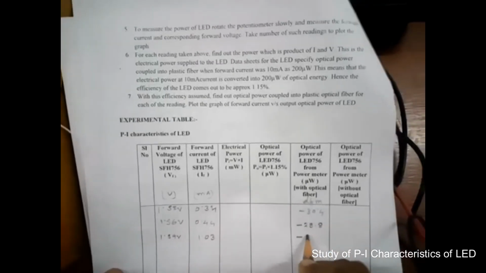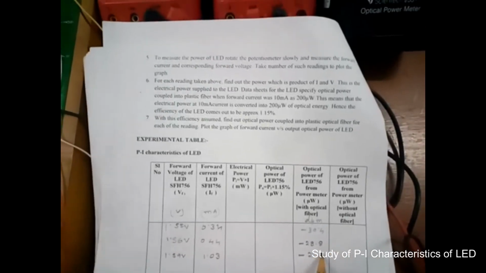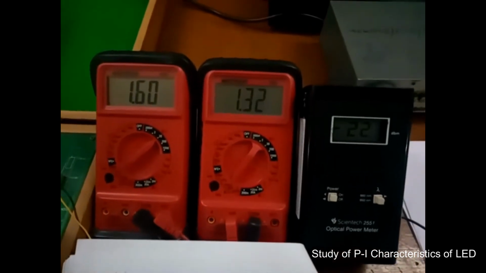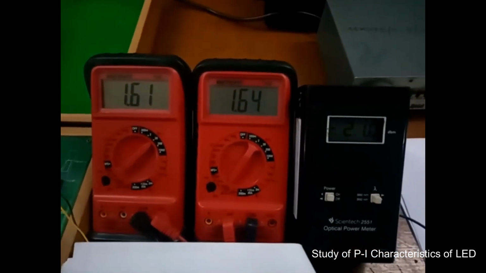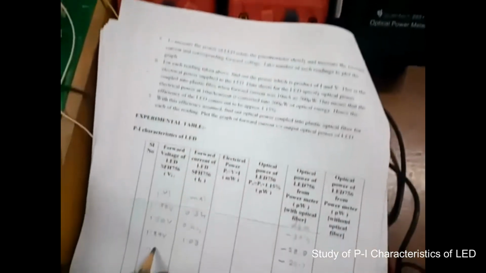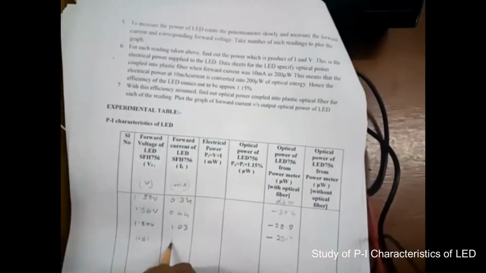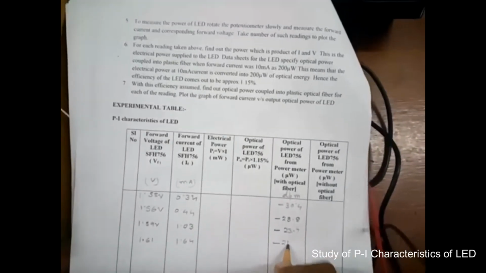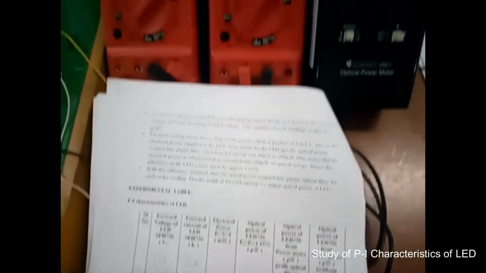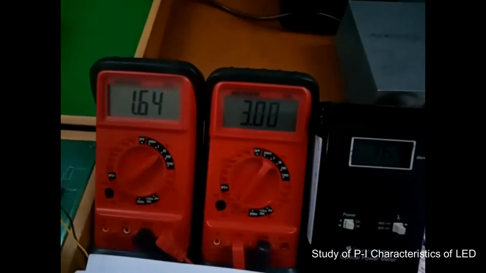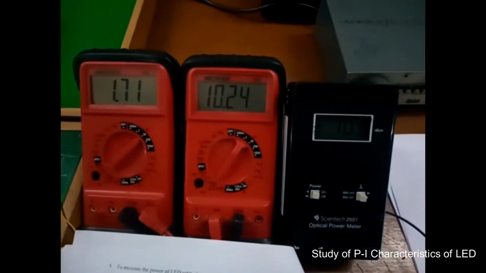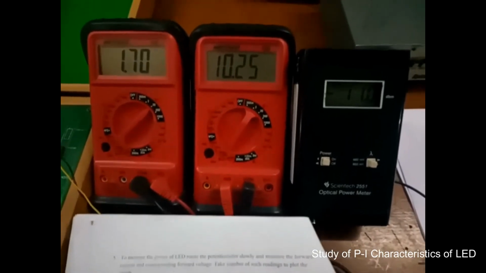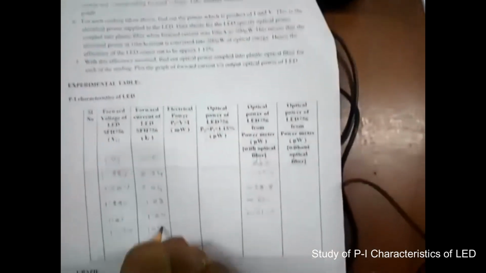This is minus 23.7. This is 1.61. 1.64. This is minus 21.0. This is 1.70, 10.25.